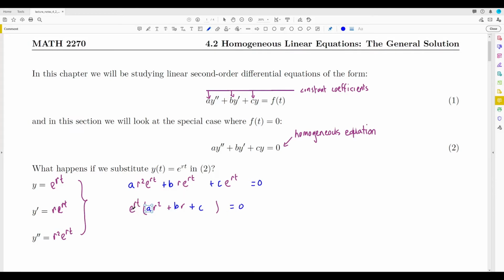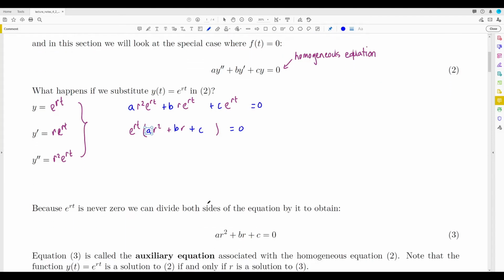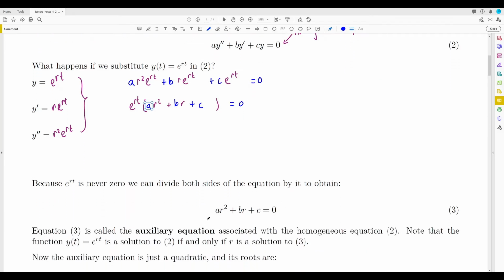And the exponential function can never be 0, so we can divide both sides by e to the power rt, and we're left with this equation here, ar squared plus br plus c equals 0. So that's what we see here.